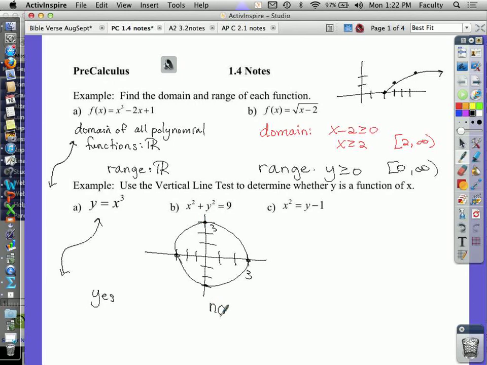Like when you see an equation, you should have a picture in your mind as to what the graph looks like. In letter C, you might end up adding 1 to both sides to see that that's a parabola. And we don't need a tremendous amount of detail, but we know it opens up and we know where the lowest point is. So it passes the vertical line test to show it is a function. Okay, does that make sense?